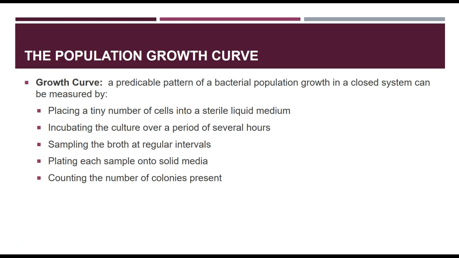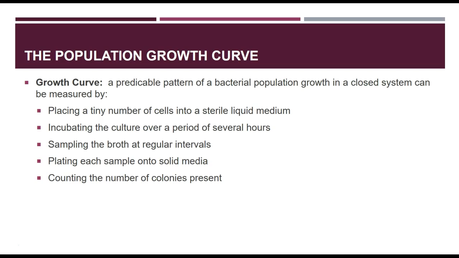Microorganisms display a typical growth curve. It's a very predictable pattern of how bacteria grow in a closed system in the laboratory. We can measure this by following these steps listed here. We place a certain number of cells in a sterile liquid medium, and we incubate that liquid culture over a period of several hours.